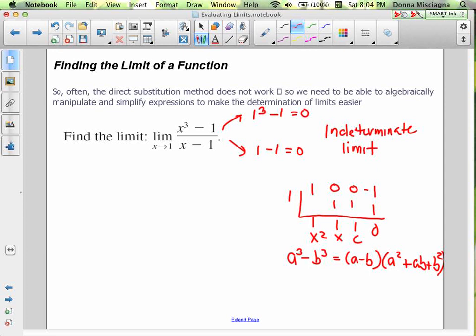But if you forget that, no big deal. You could just use synthetic division here. You know x minus 1 has got to be a factor, so it's not even like you have to work really hard for it.